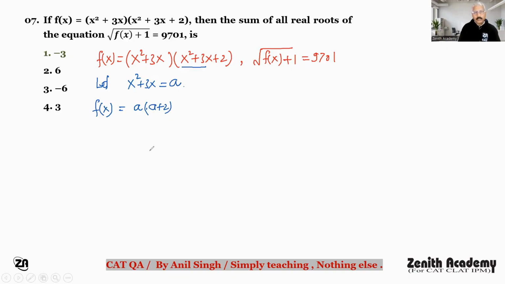Let us put this value here. Then it becomes root of A into A plus 2, plus 1 is equal to 9701. And this is actually A square plus 2A plus 1. This is A plus 1 whole square.